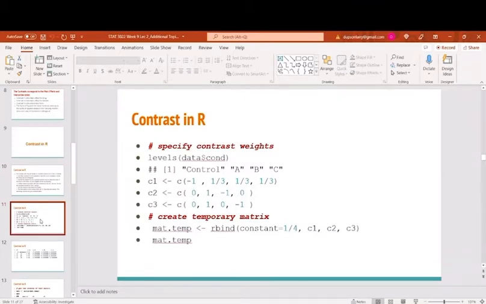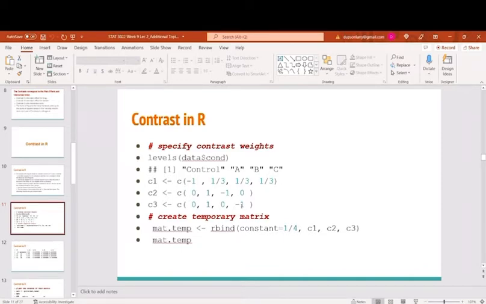The third contrast is comparing A to C. That is why the contrast weight for A is going to be 1, and the one for C is going to be -1. The one we don't talk about has a contrast weight of 0. Does that make sense?